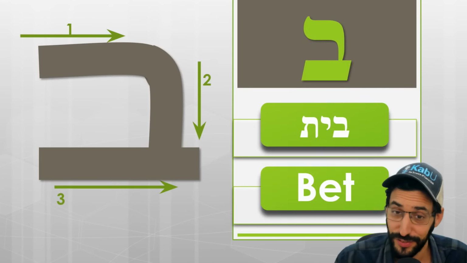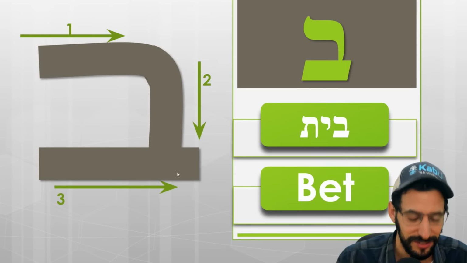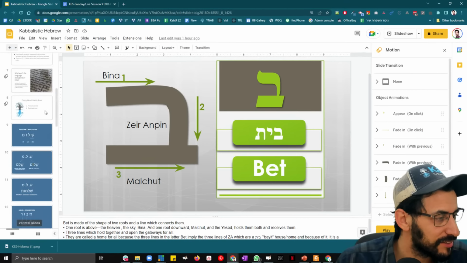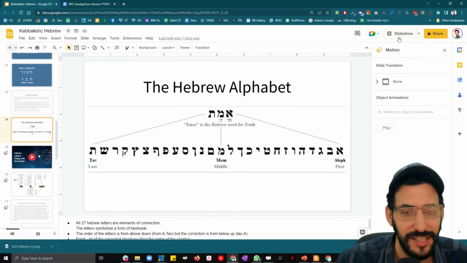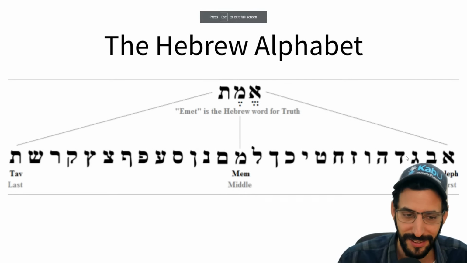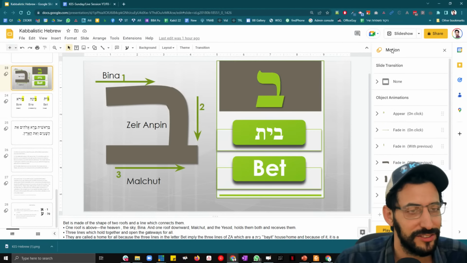Now, as you've guessed, every line here has a meaning. That's incredible. Every single one of these letters, every single line here has a spiritual meaning. It's incredible. Okay, let's go back here.